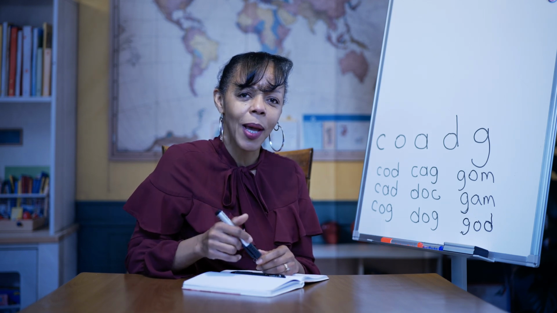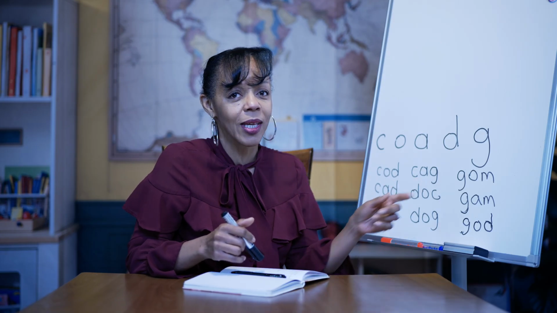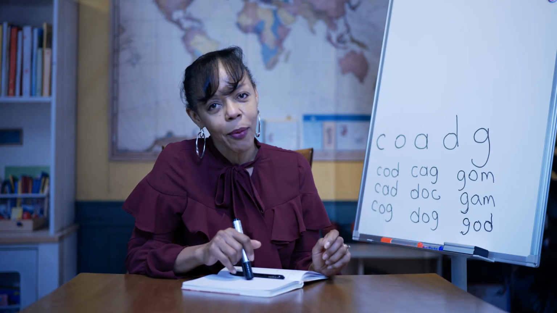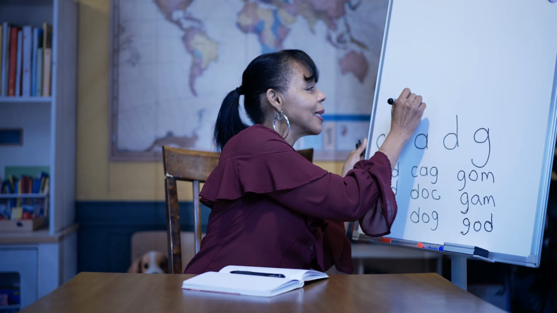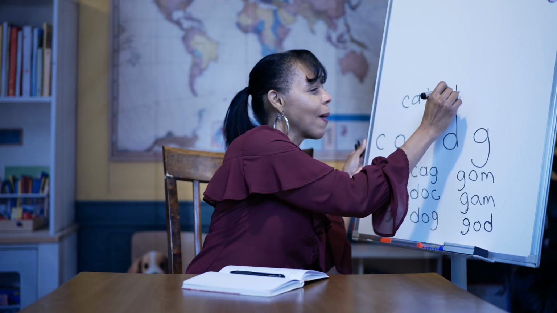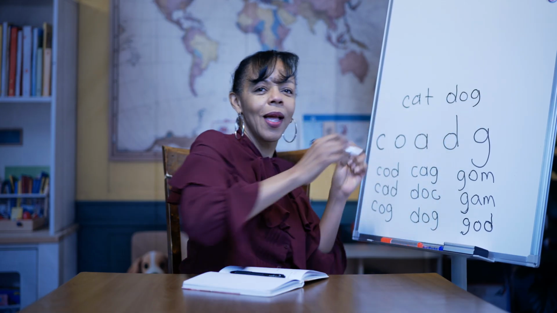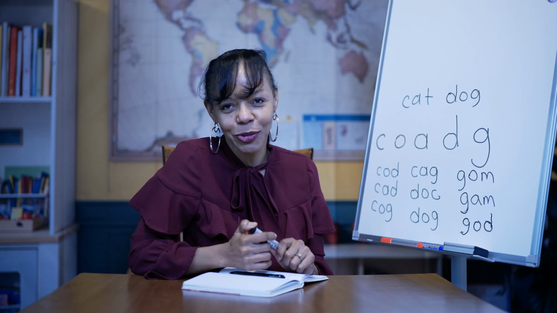But when I think about it, and I think about all the words that we can make from the first 5 letters introduced in that program, the words cat and dog come to mind. Those words are very familiar to children.